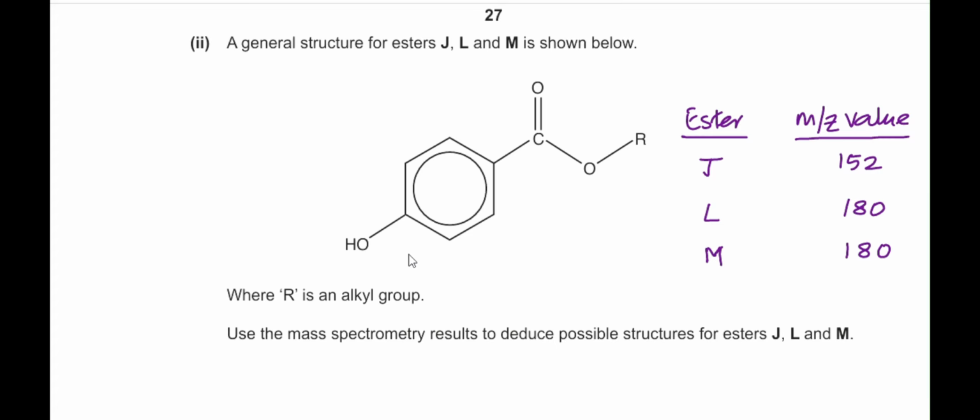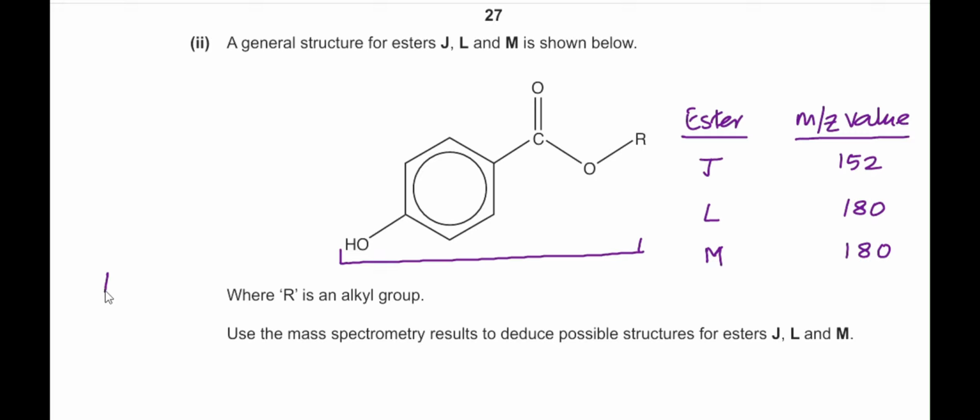Now this is not a big challenge for us. What we could do is calculate the MR value up to this part and then say that that plus R is equal to the MZ value of the whole ester, and from there we will be able to deduce the MR of R, and then identify what that alkyl group will be.